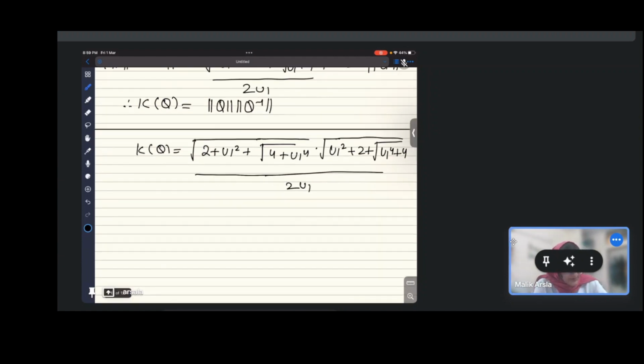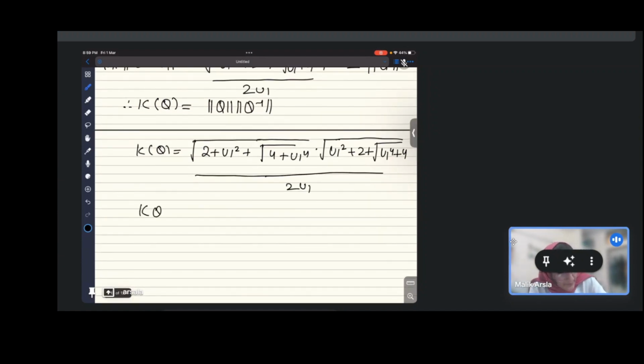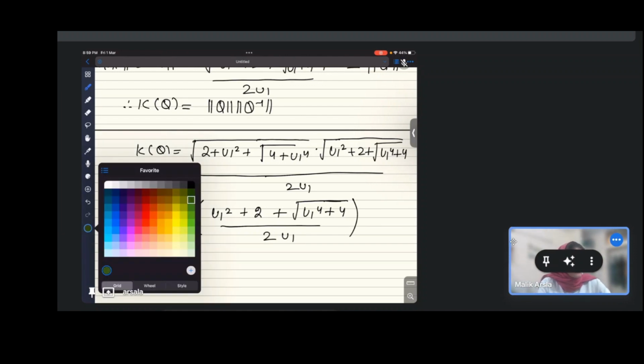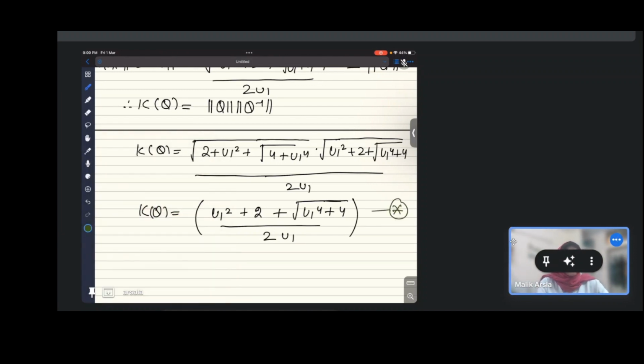So the condition number is coming out to be u1 square plus 2 plus under root of u1 to the power 4 plus 4 divided by 2u1. This is the condition number we are getting.